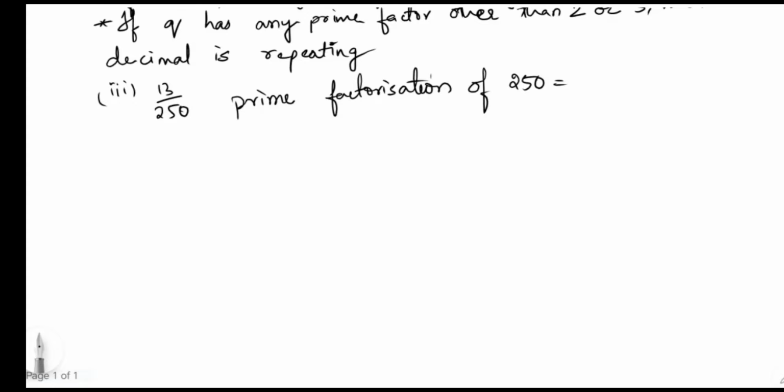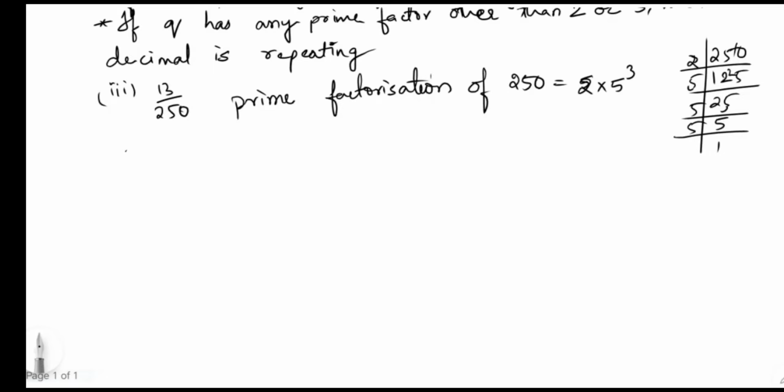Since we know that it comes in the 5 table, we can do it here: 250, 2 ones are 2, 2 twos are 4, 2 fives are 10, 5 twos are 10, 5 fives are 25, 5 fives are 25, 5 ones are 5. So 2 comes one time and 5 comes 3 times. In the denominator we are having 2 and 5 only, so that means it's a terminating decimal.